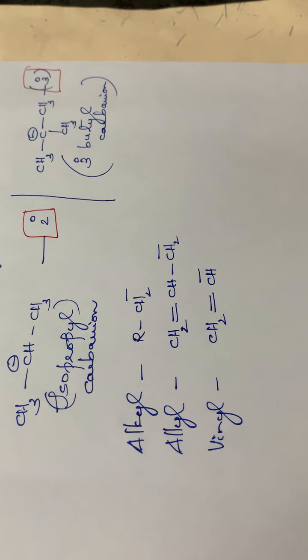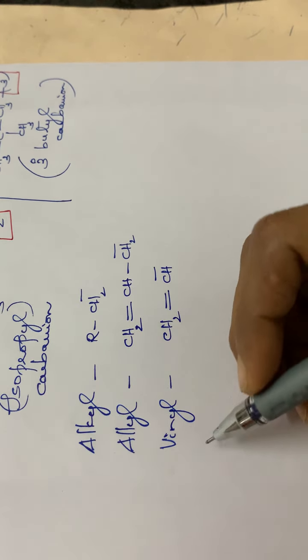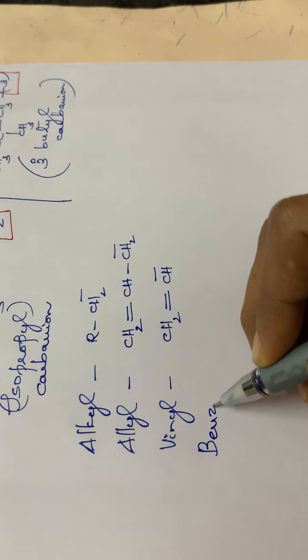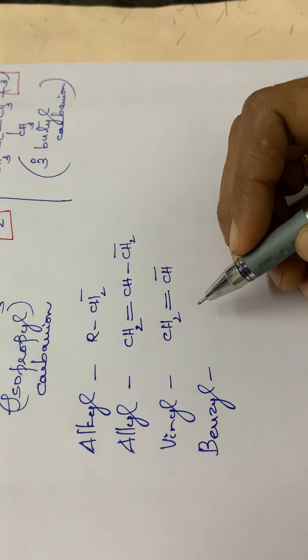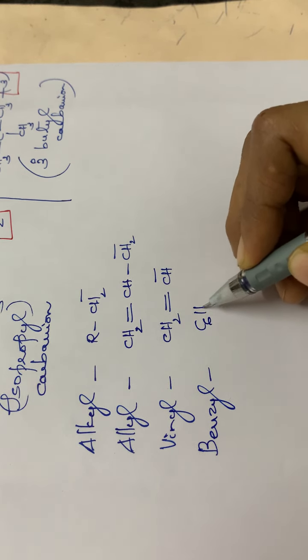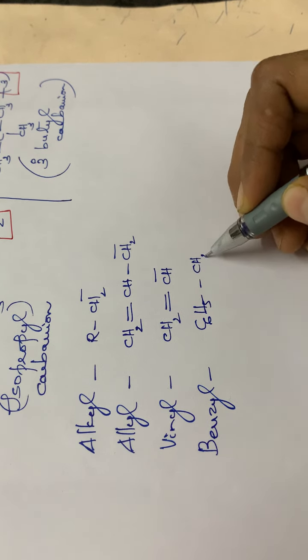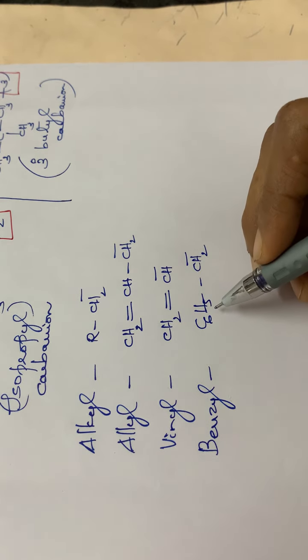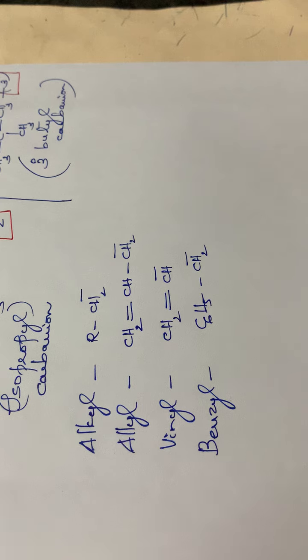Then comes benzyl carbanion, that is C6H5 CH2 minus.